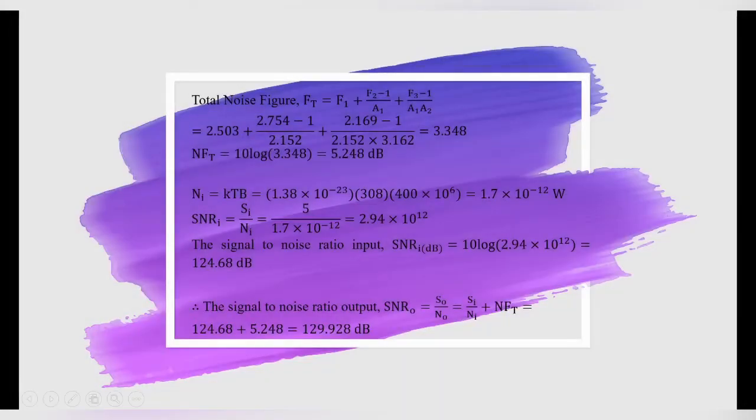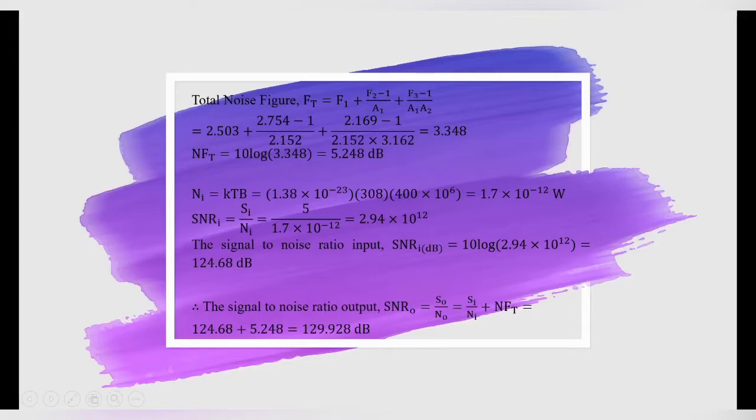After this, we can calculate the total noise figure, which is Ft equals F1 plus (F2 minus 1) over A1 plus (F3 minus 1) over A1 A2. So we calculate it and then convert it to dB, which is 5.248 dB.